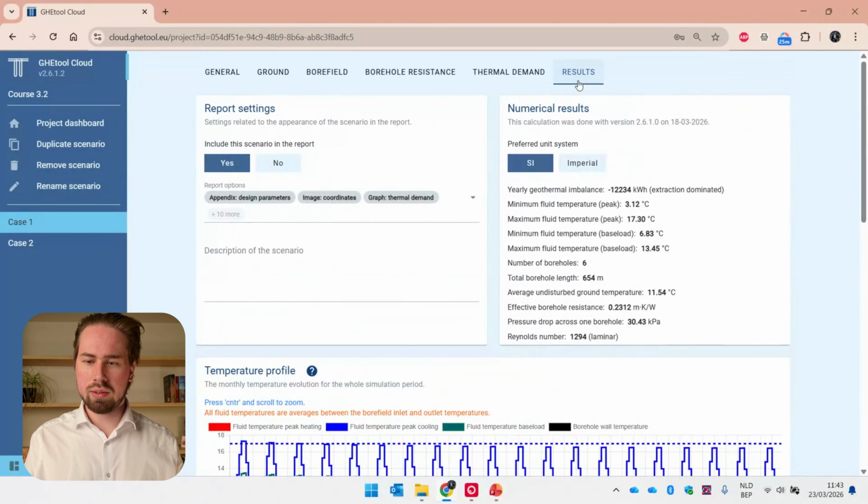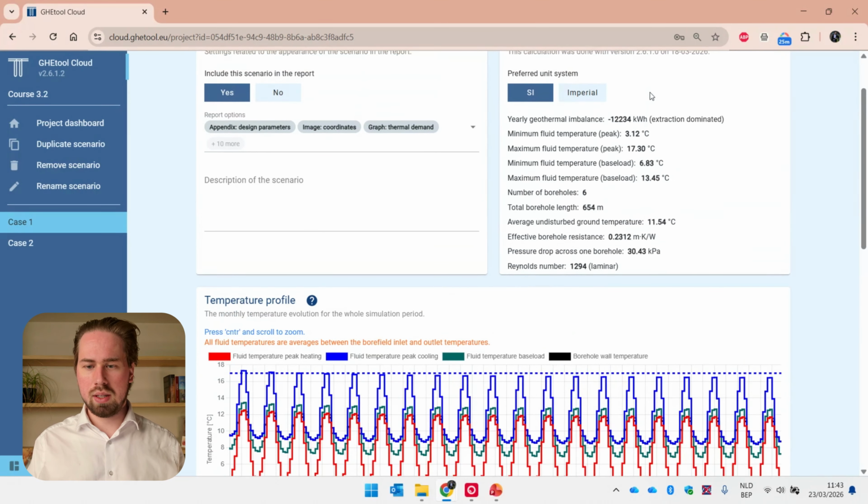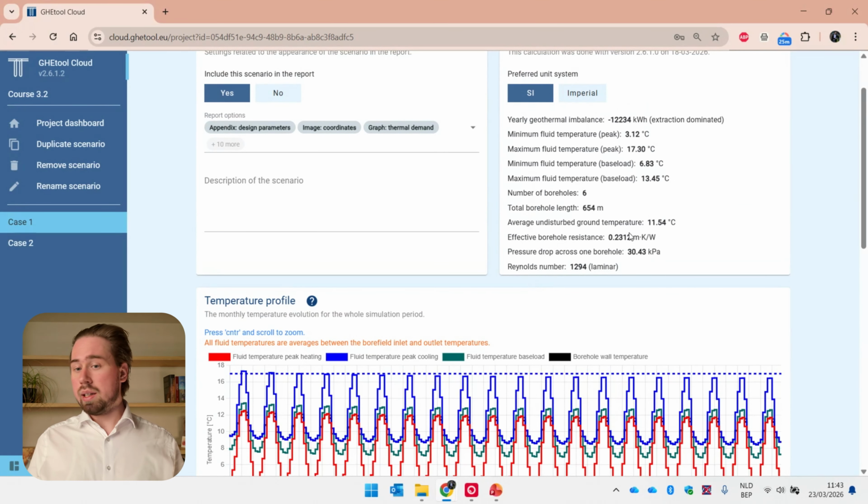But let us just simulate the results, and what you can see here is that we have a borefield which is, as is often the case in our climate region, limited by the maximum temperature. We are even above it, at 17.3 degrees, and we are quite high above our minimum temperature limit of 0 degrees. So traditionally you would say, okay, this borefield is well designed.